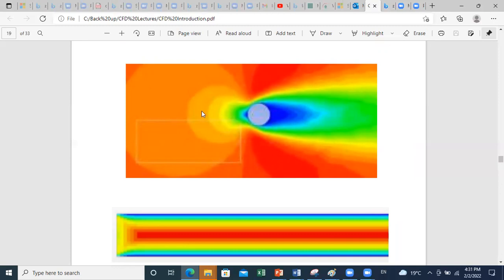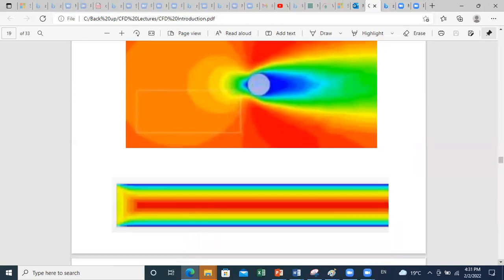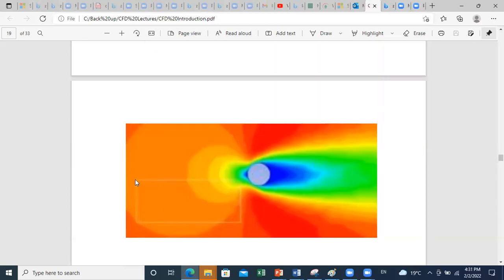Here you have two views, a top view, and also a profile view of the distribution of flow. You can have different presentations. For example in this figure, this is the wind tunnel.